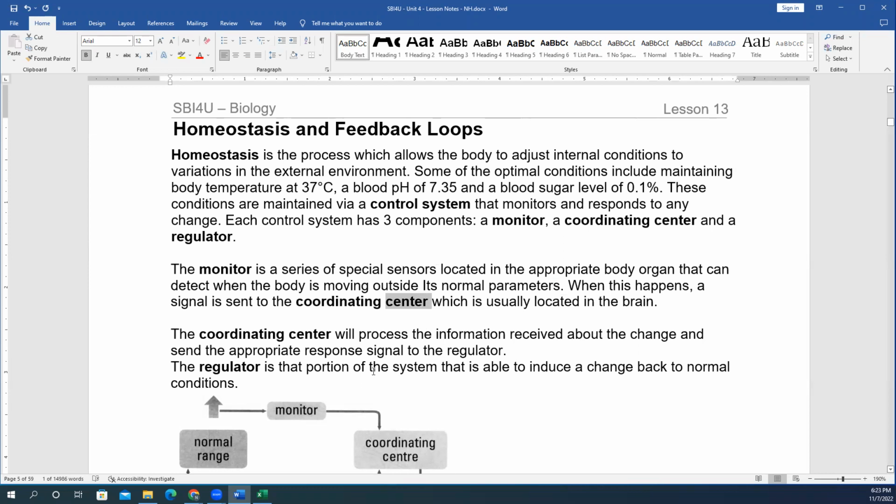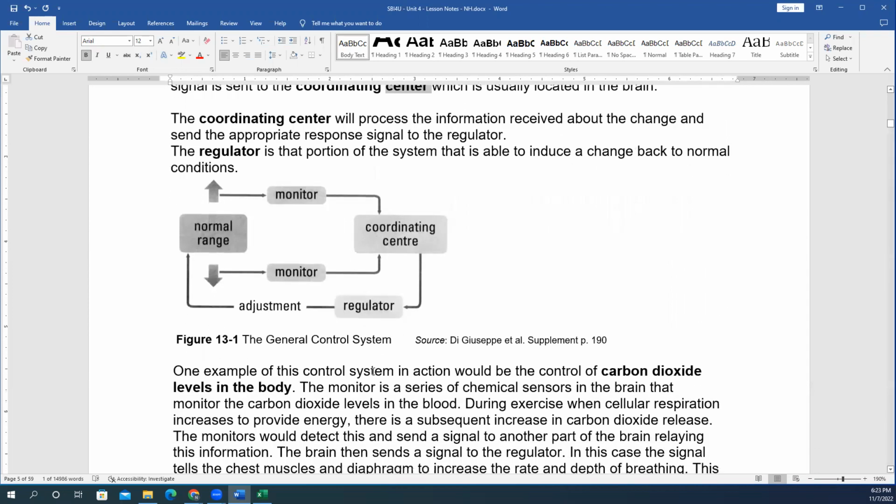The coordinating center will then process the information that it is receiving from the sensors about what the change is, and will then send the appropriate response to the regulator. And then the regulator takes care of bringing about the change back towards the normal conditions.